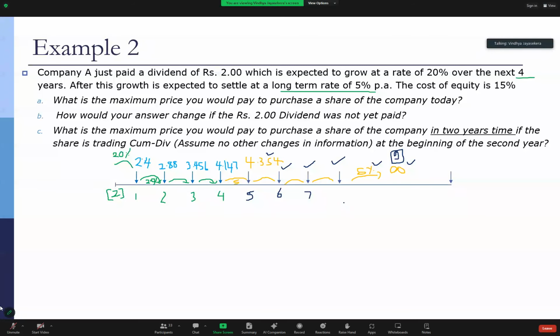Year 4, right? Year 4 is D0 or year D1? You can consider year 4 to be D0, that's correct, or you can consider D3 to be year 4 as well.